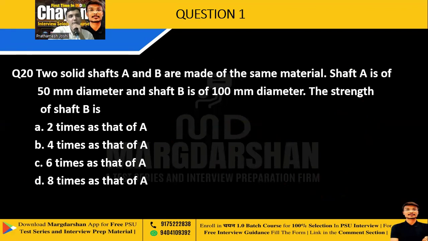Two solid shafts A and B are made of the same material. Shaft A is of 50 mm diameter and shaft B is of 100 mm diameter.